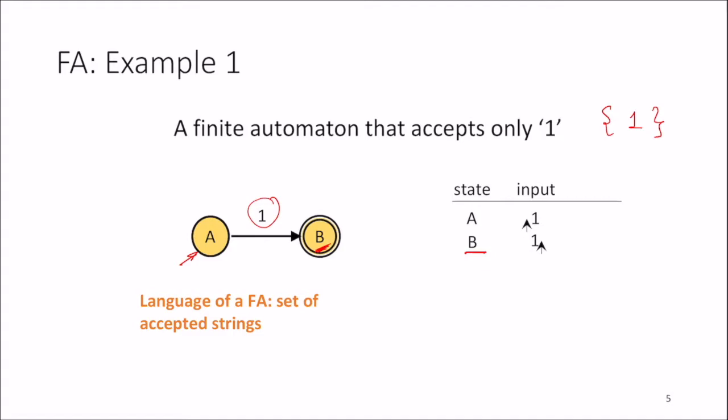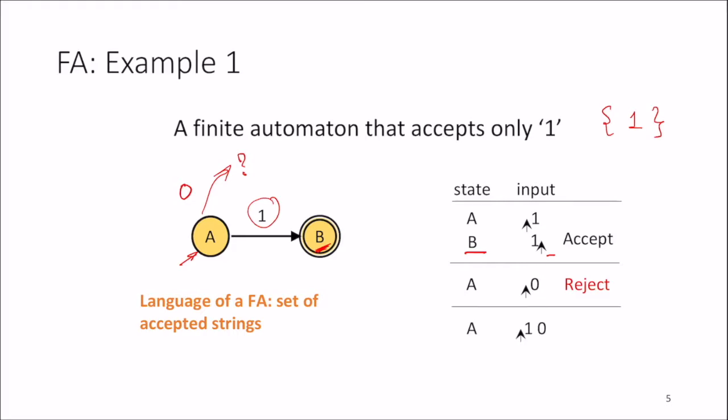If I was at a final state when I'm done with the input string, so here there are no other symbols after this scan head, then I would say that it has accepted. If my state doesn't have a transition on an input symbol, so here starting at A, the start state, it doesn't go anywhere on a 0, we can reject this string because this finite state automaton doesn't accept it as a valid string.